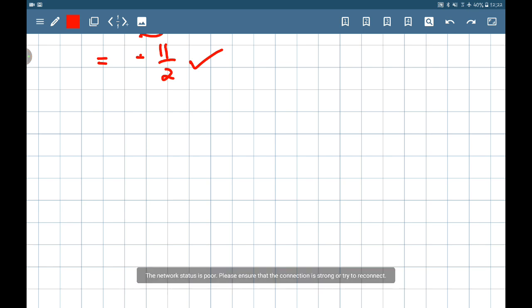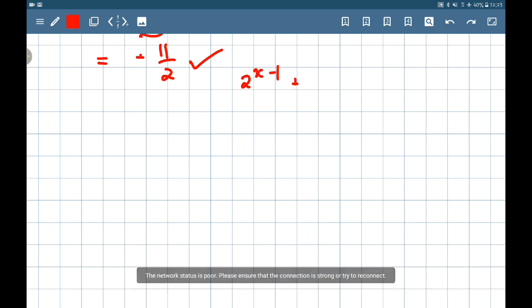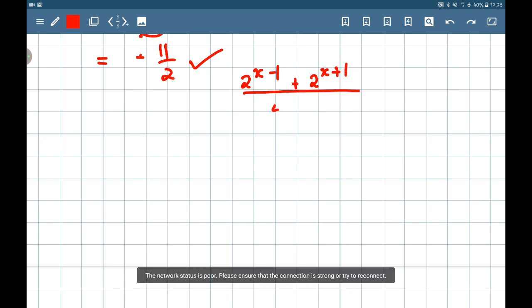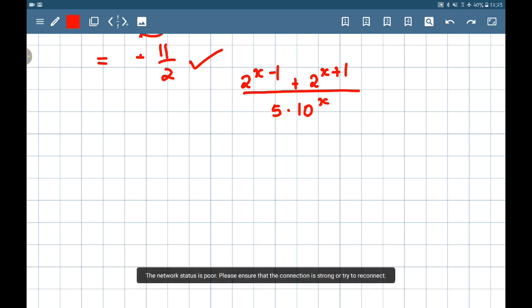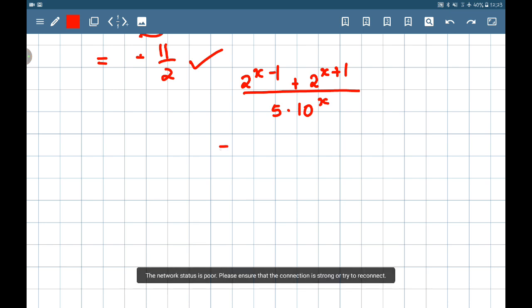Here we have 2 to the power x minus 1 plus 2 to the power x plus 1, all over 5 multiplied by 10 to the power x, right? First thing first, we need to break this down.